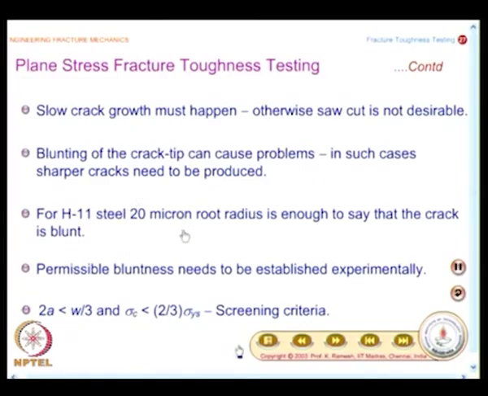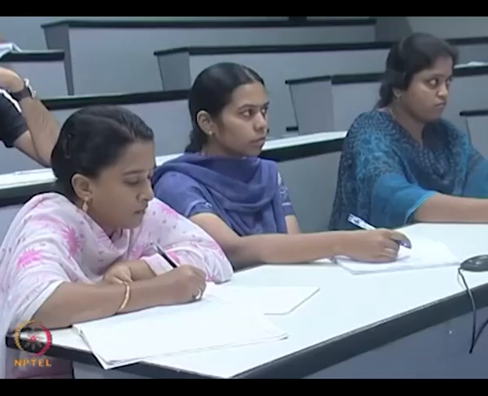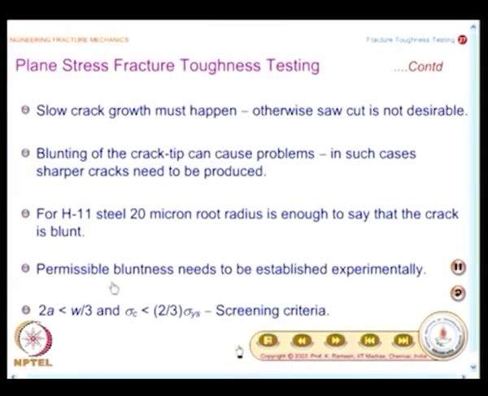If you have a 20 micron root radius, the crack is blunt, which is not desirable. So, you should go for a much finer slot. Though a slot is sufficient, how fine it is depends on the material. You can get it by trial and error. And this also states that permissible bluntness needs to be established experimentally.